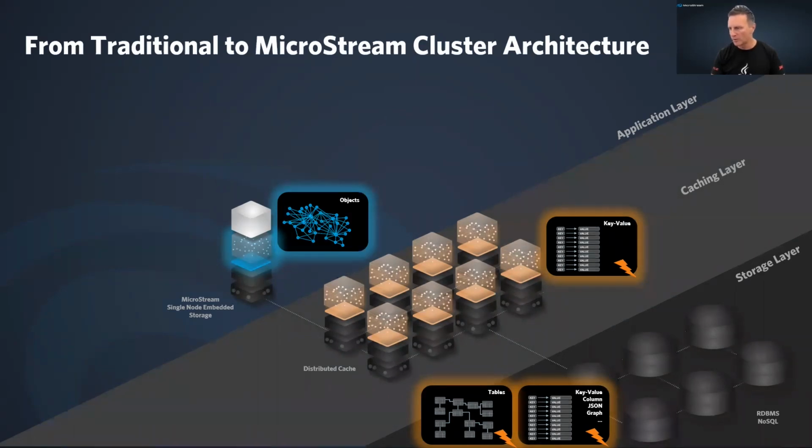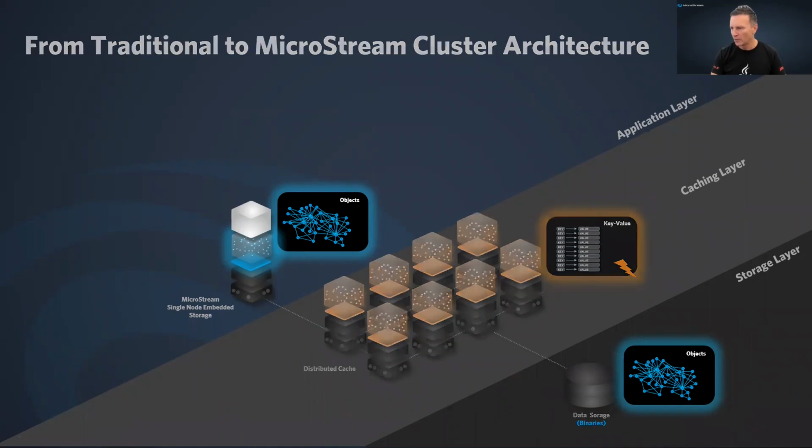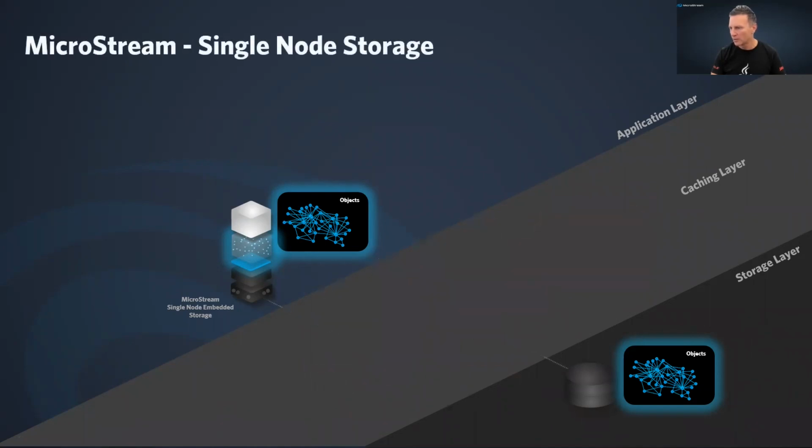MicroStream only stores the objects, and then we don't need the database cluster anymore. So we can kick it out. So we only need the storage. And as I mentioned, we don't need a cache anymore because we have the data already in memory. We can also kick the cache out. So then our architecture gets super, super simple.